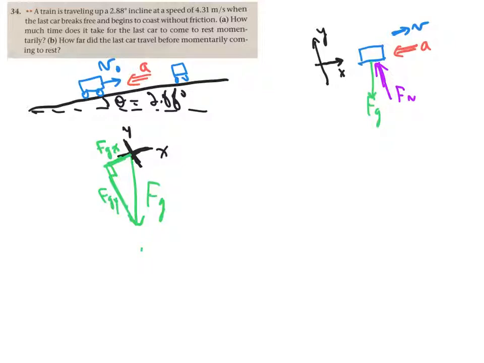And I also need to figure out how those relate to the angles I actually have. So I'm going to extend my incline angle, and I know that this angle here is theta.